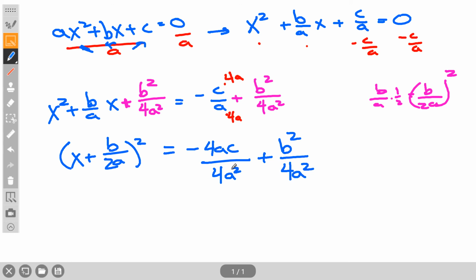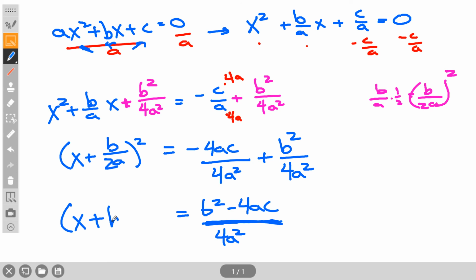So now that these have a common denominator, I can combine them into one term. Either negative 4ac plus b squared, or I could rearrange them and have the b squared first minus the 4ac over 4a squared. And then on the left side I still have my perfect square, x plus b over 2a, squared.